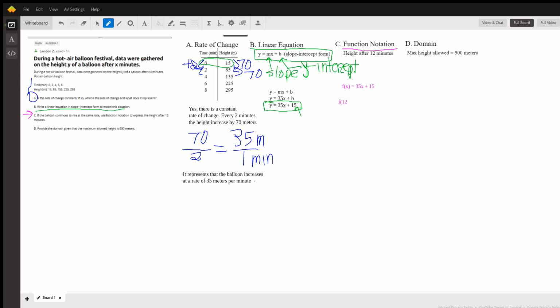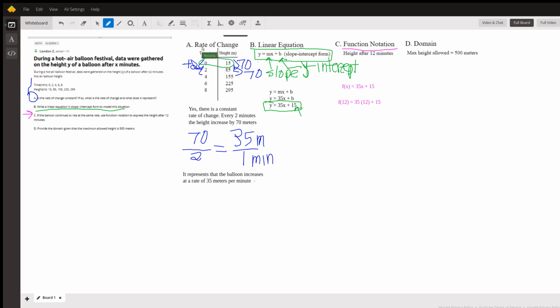So if we say f of 12, what you're saying there is not f times 12. You're saying, what is my height when I plug in 12 for my time? Okay, so then we're going to replace each x with 12.